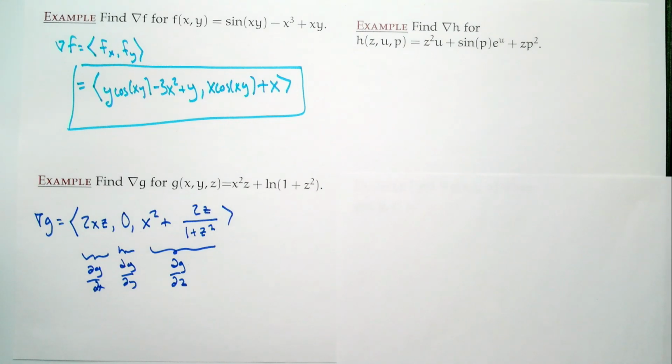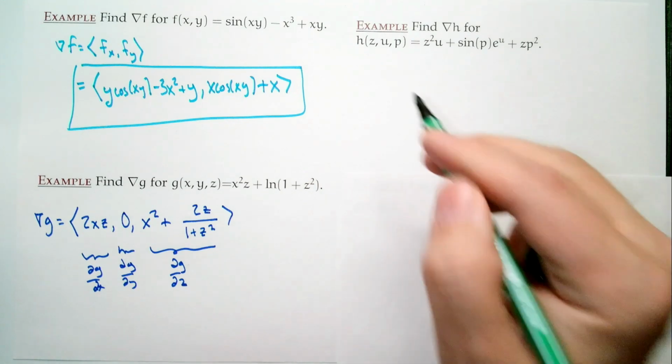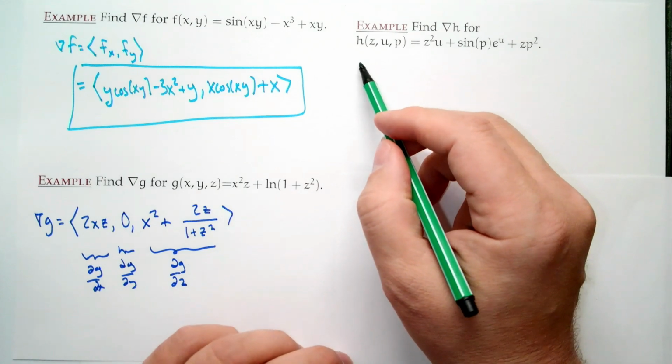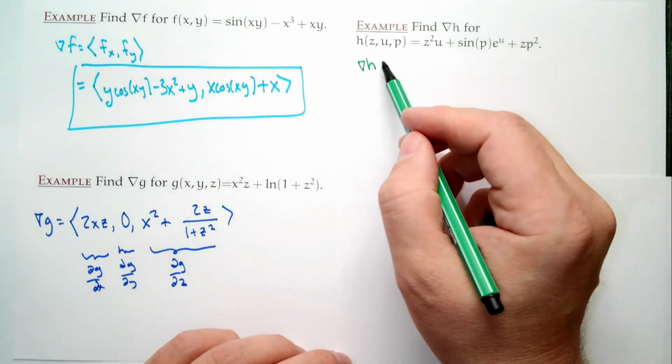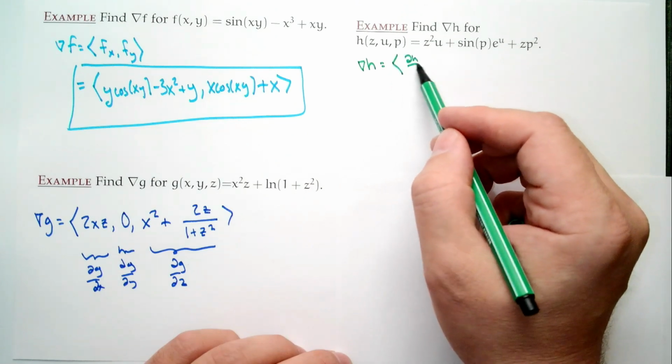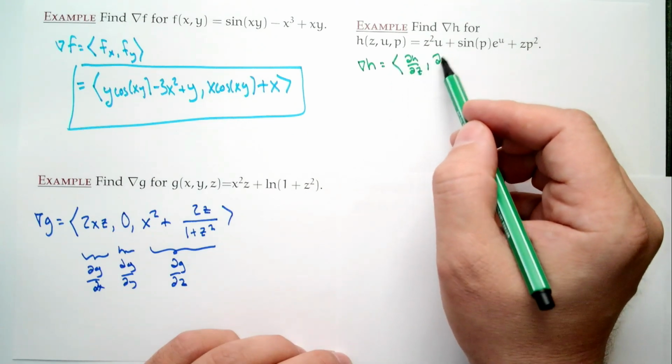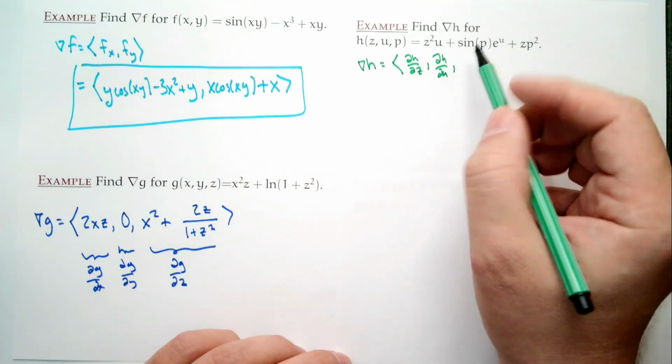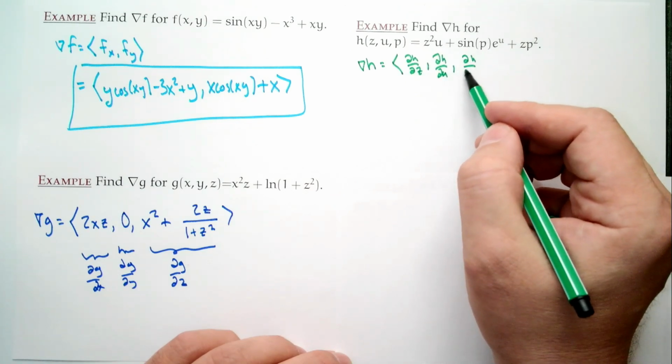We have this expression. Now, previously it was pretty clear what order we should take derivatives: derivative with respect to x, derivative with respect to y, derivative with respect to z. When I'm finding the gradient here, what's the right order to take the derivatives with respect to? Z then u then p. Now, how do we know that's the right order? Yeah, you see, these are all just sort of placeholders.